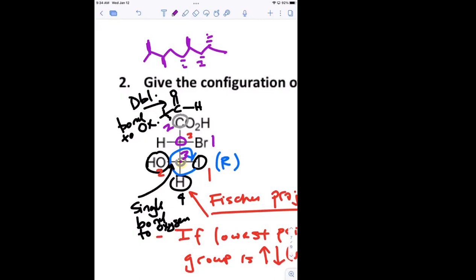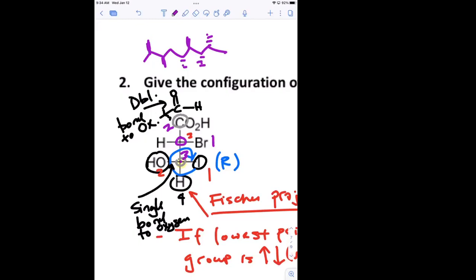Gotta build this carbonyl right quick, so hold up. Bromine. And I need a hydrogen.